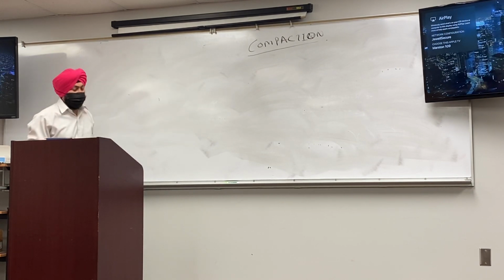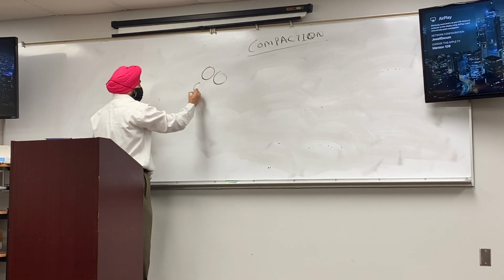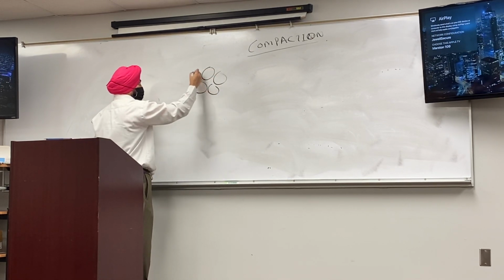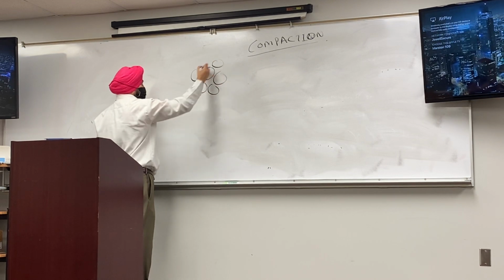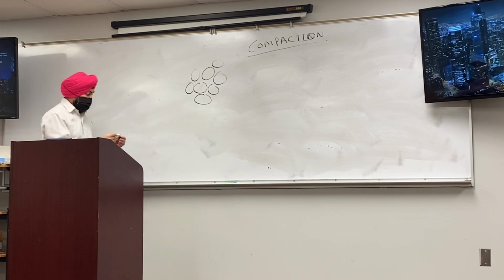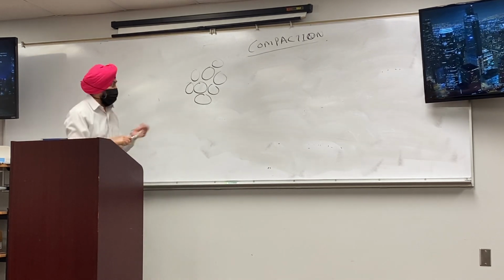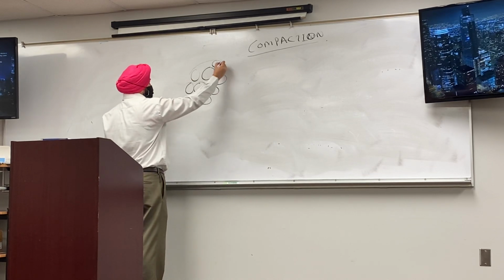So what happens? You have these cells, 1, 2, 3, 4, 5, 6, 7, 8. Now these 8 cells are there. Remember, these 8 cells are not just there. Outside is your zona pellucida.